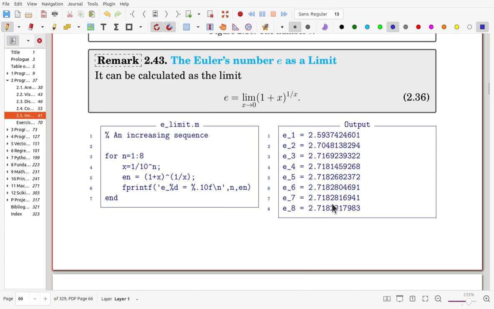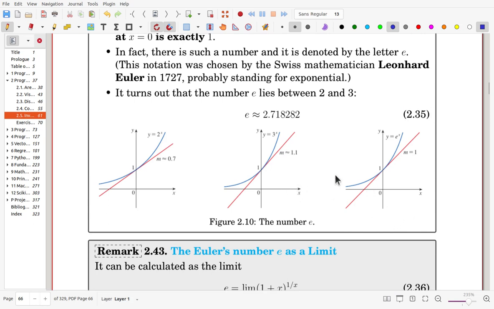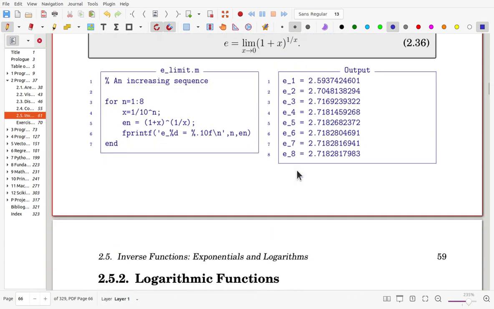These values are increasing and converging to e. So e is 2.7182 something, and is yet increasing. Okay, that's a computation check for e, but e is defined so that y equals e to the x has a graph passing the y-axis with slope 1. Okay, this is the first part of the section. Thank you.